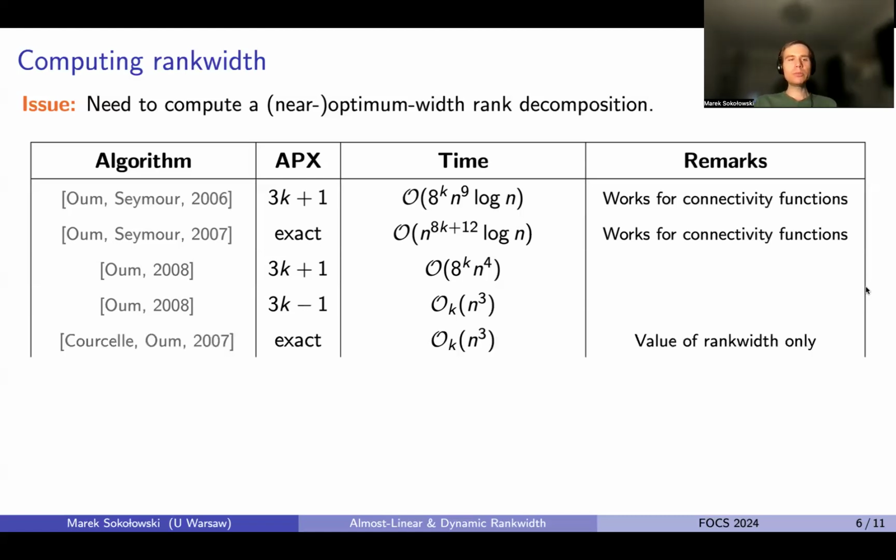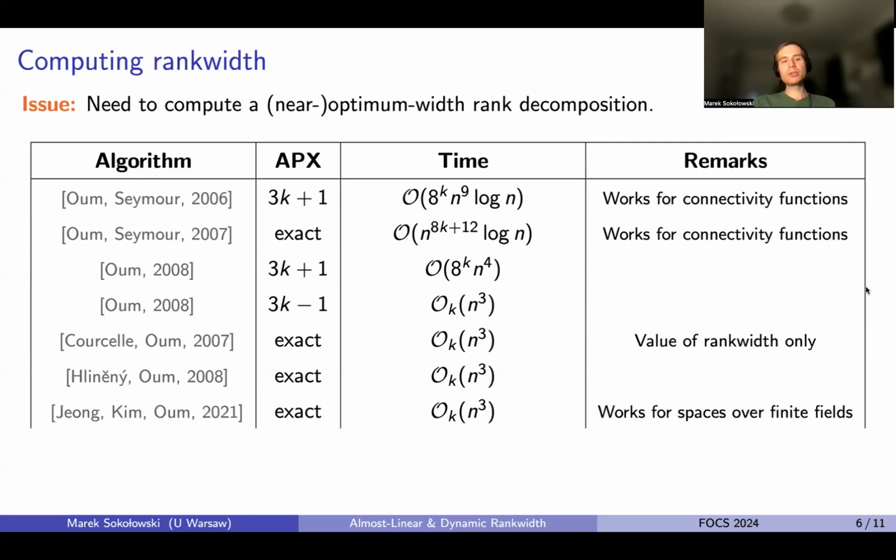Also, Courcelle and Oum in 2007 produced an exact cubic time algorithm for rankwidth, but the issue is that it could only compute the value of rankwidth, and it could not recover the optimum width rank decomposition of the graph. This was later fixed by Hliněný and Oum in 2008, who actually produced a cubic time algorithm computing the exact optimum width rank decomposition.